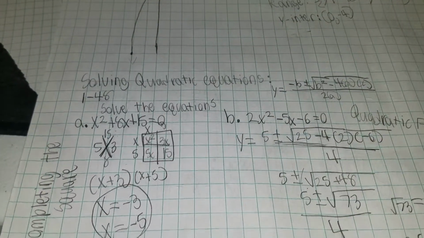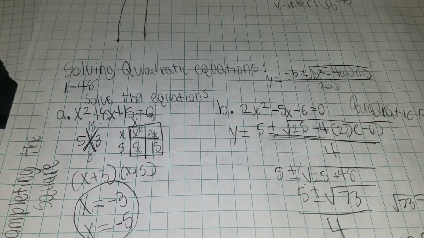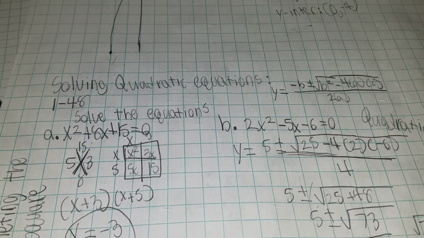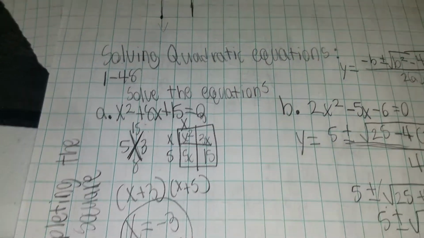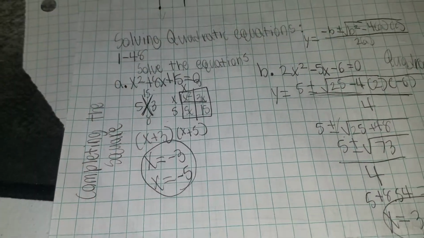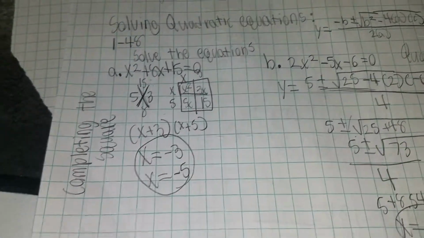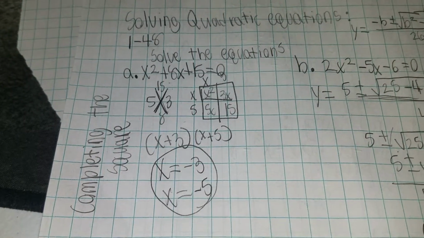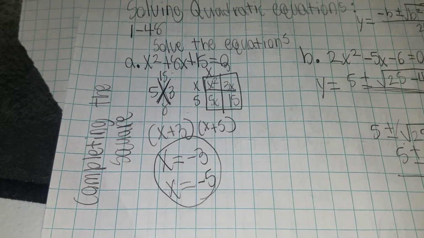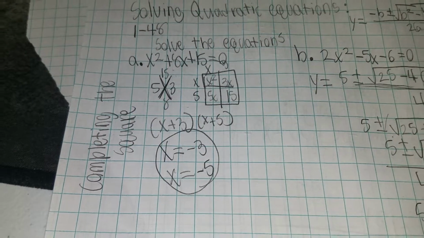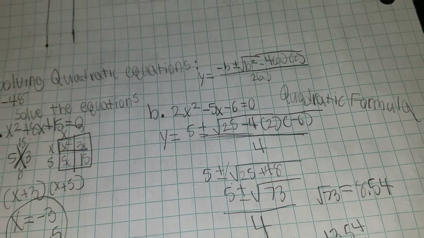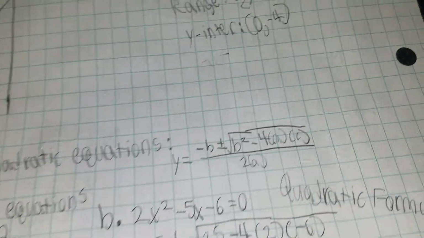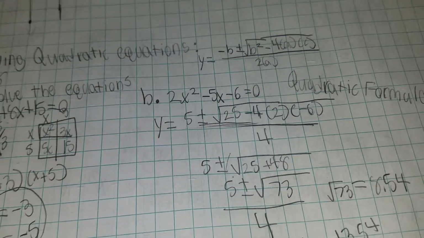And then question number 4 out of the 5 is solving quadratic equations. For 148, I did completing the square, which I got an answer of x equals negative 3 and x equals negative 5. And then for B, I ended up using the quadratic formula, which I showed up there.